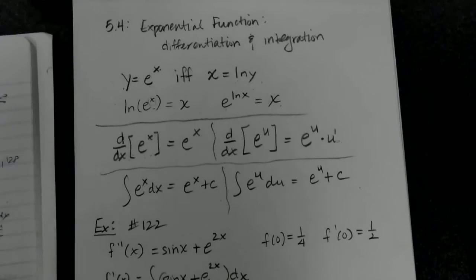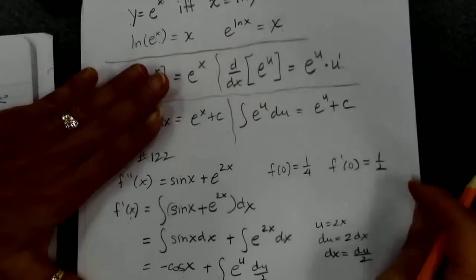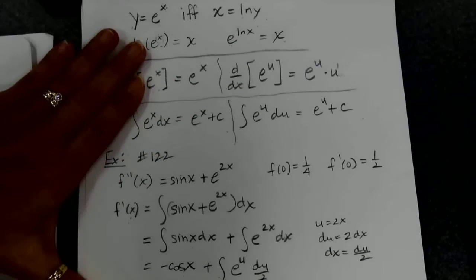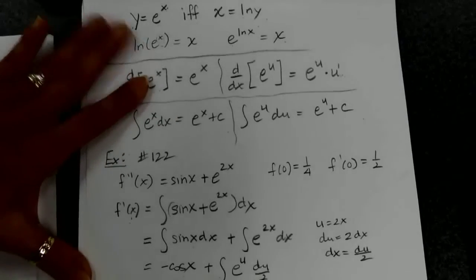When I do my u substitution, I'm going to put this back in, and then dx would equal du over 2. So then I could pull out the 1/2. So I get 1/2 integral of e to the u du, which is just e to the u plus c. So this becomes negative cosine of x plus 1/2 e to the u, which is 2x, plus c is my first derivative.